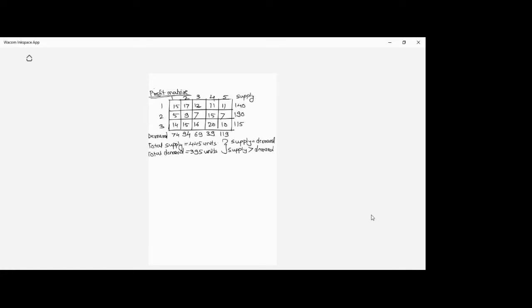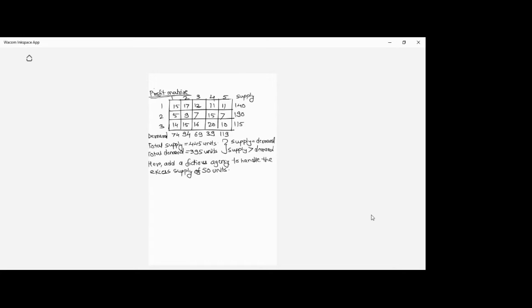If such is the case, what we'll have to do is add a fictitious agency to handle the excess supply. What is the excess supply? It will be 445 minus 395, so it will be 50 units.